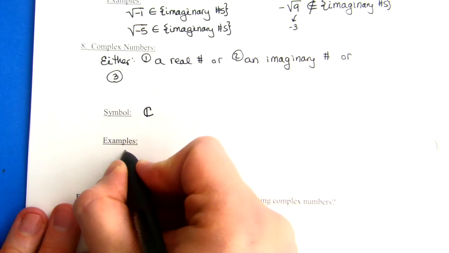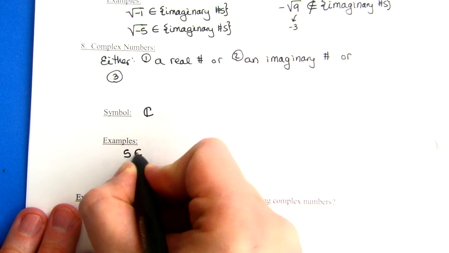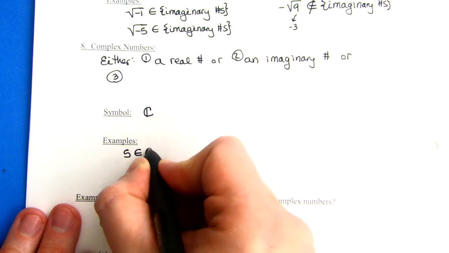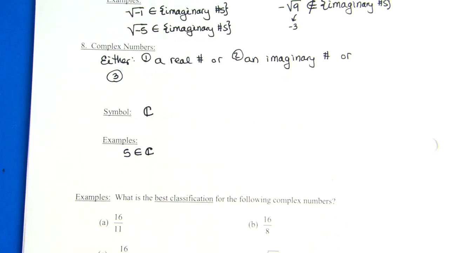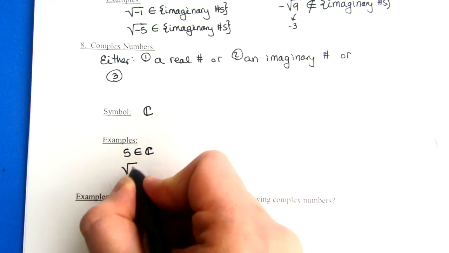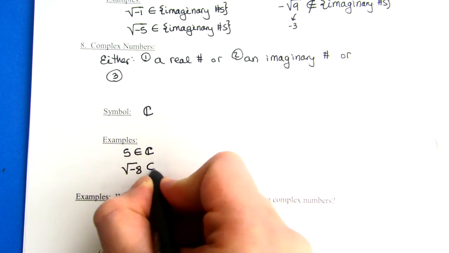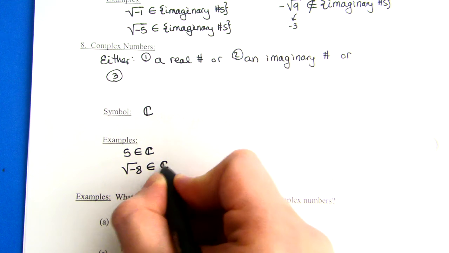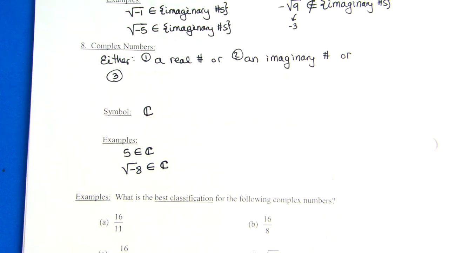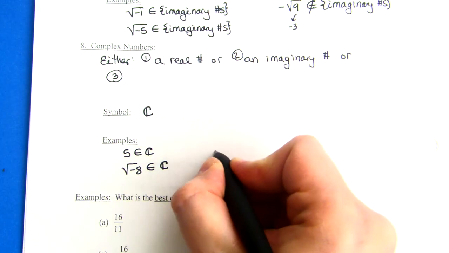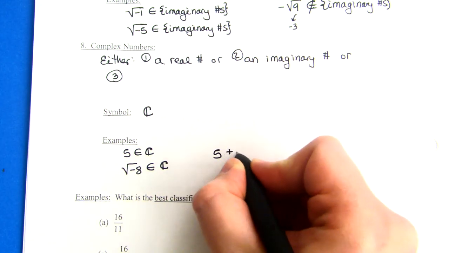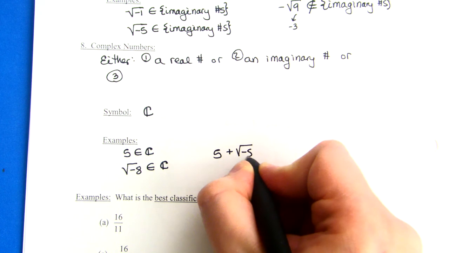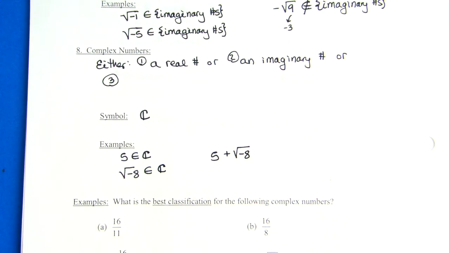I think that 5 is a complex number. Way better names than complex, but it counts as a complex number. I think that the square root of negative 8 is a complex number. Imaginary is a better term, but it counts as a complex number. There's one more type of number, though. 5 plus the square root of negative 8.